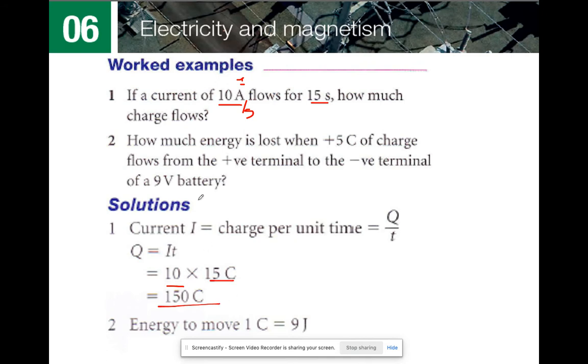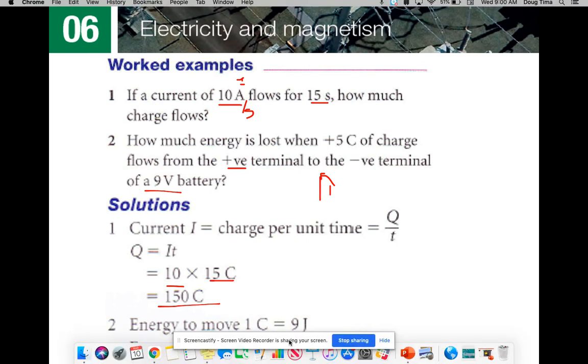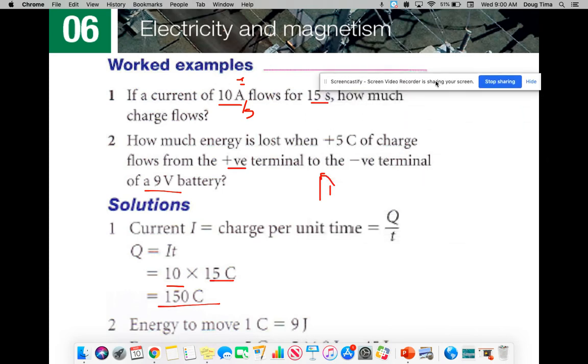How much energy is lost when a 5 coulomb charge flows from positive to negative? So basically, it's making the jump to this terminal in a 9-volt battery. Well, what does 9-volt mean? It's literally pushing. Sorry about this, we got to move this.